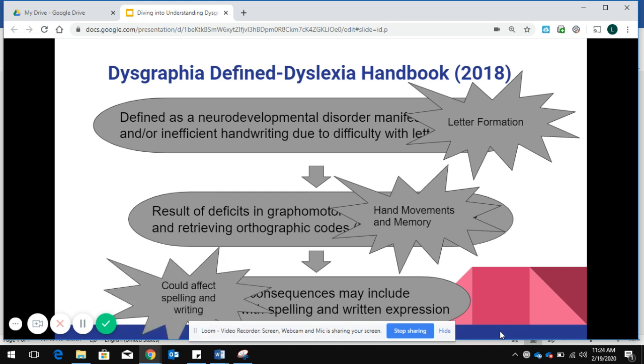Then secondary consequences for dysgraphia could include spelling problems and writing problems, but not all students with dysgraphia are going to struggle with spelling and written expression. We're going to see some students with dysgraphia whose only struggle is going to be the quality of their handwriting.